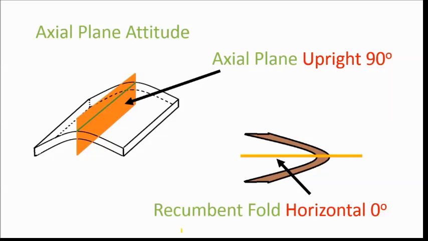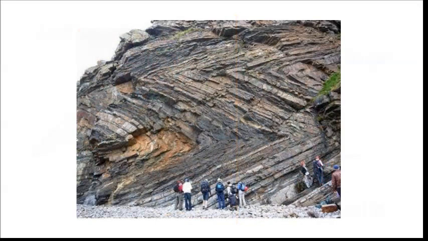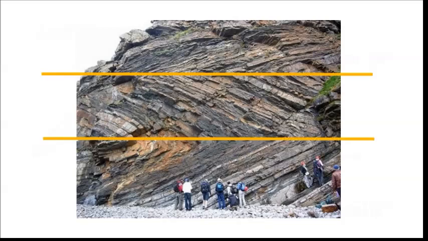This is called a recumbent fold. Here's some examples to show you these different points. This is an upright attitude of the axial plane, whereas on this diagram you can see quite severe folding. There's the axial planes, so we can say that they are horizontal attitude.